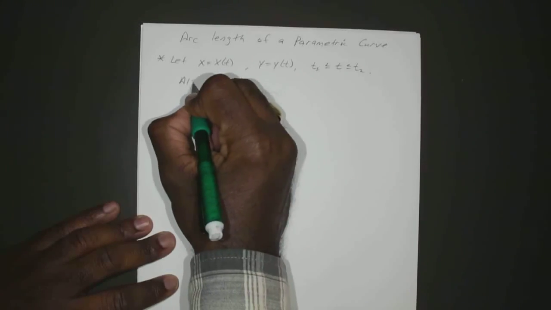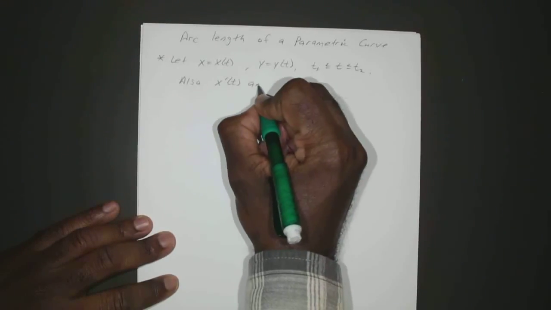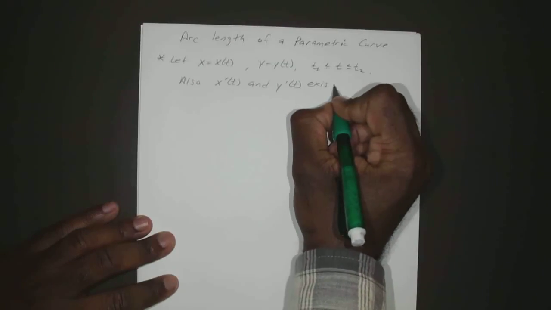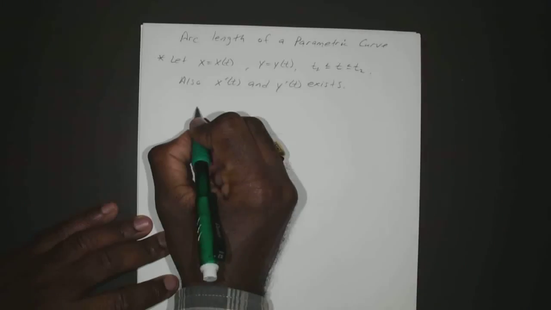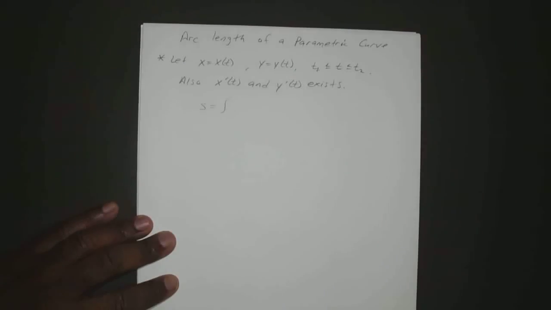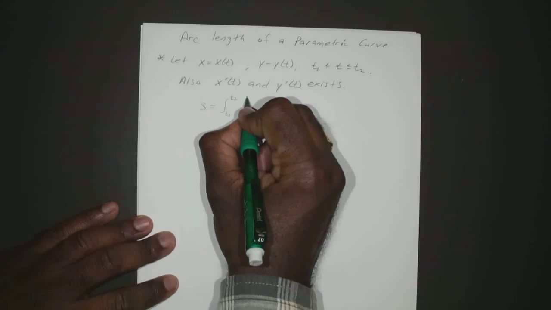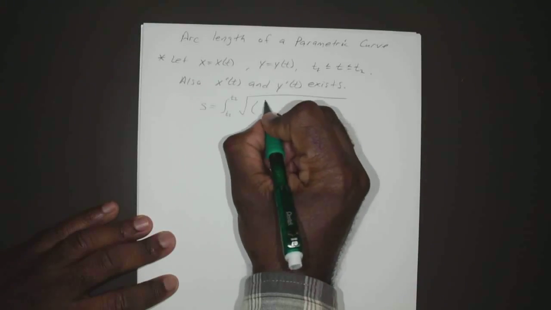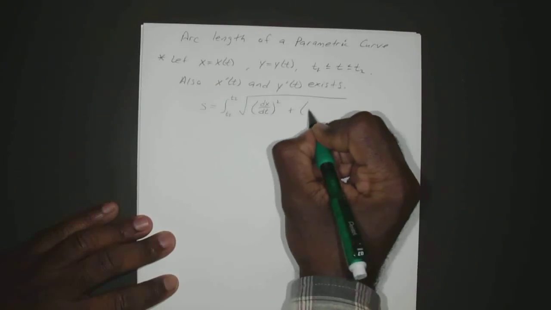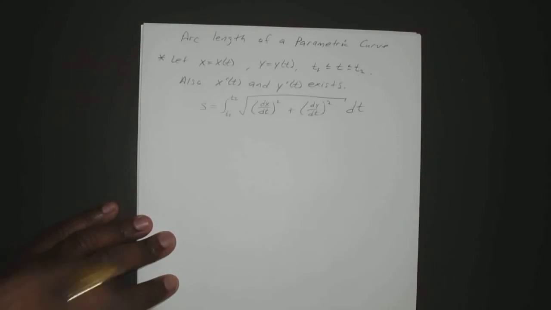And also, x prime of t and y prime of t exist. Then your arc length is equal to the integral from t1 to t2, the square root of dx dt squared plus dy dt squared with respect to t.